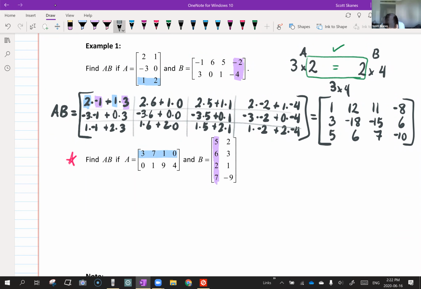So you would say 5 times 3, and you would do 6 times 7, and 2 times 7, and 7 times 0. That's how you figure out those answers. And then if you wanted, for example, the second row and the second column of your new matrix, you would add all those products together, okay, and so on.